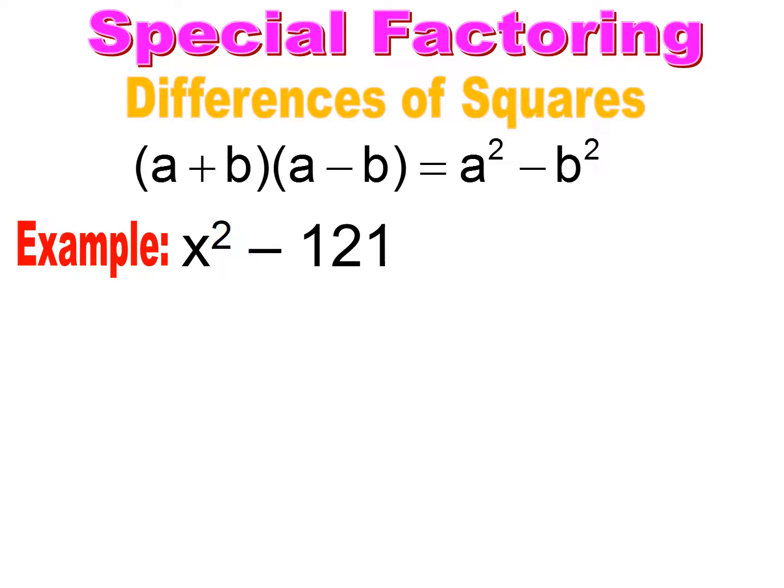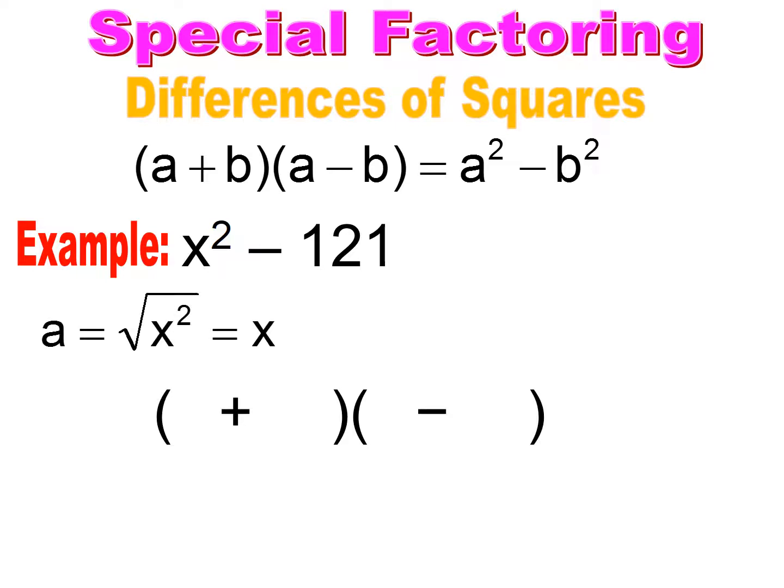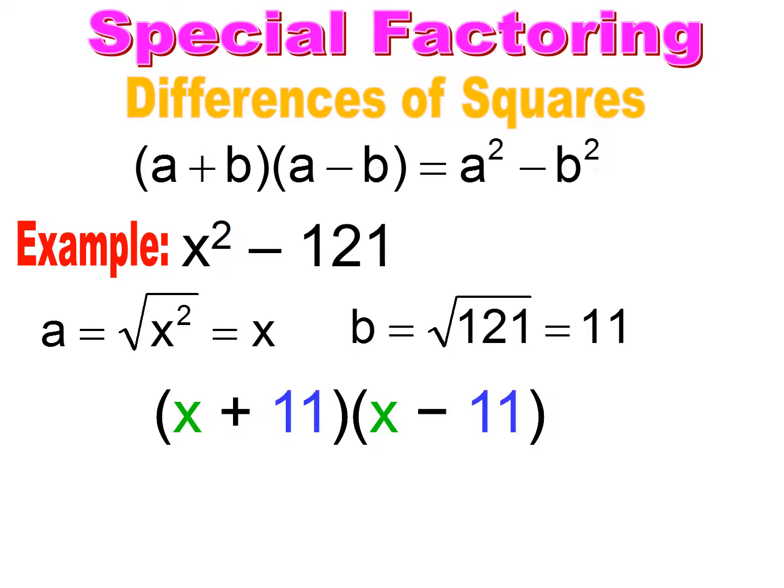So when you're asked to factor this special type of factoring, you're going to use the plus and minus, and you're going to take the first term and square root it, and x square rooted is simply x, and that would be my a term. And I'm going to take my last term and square root it, and the square root of 121 is 11, and I'm going to place it in the second position.